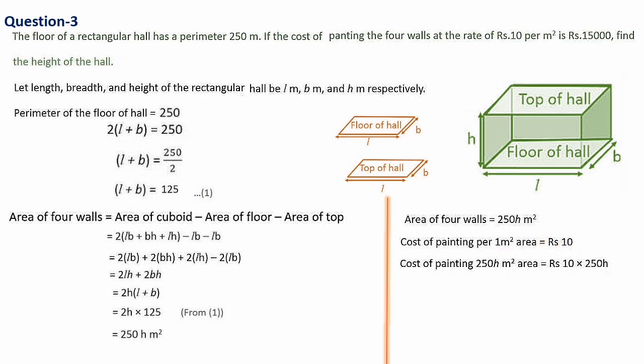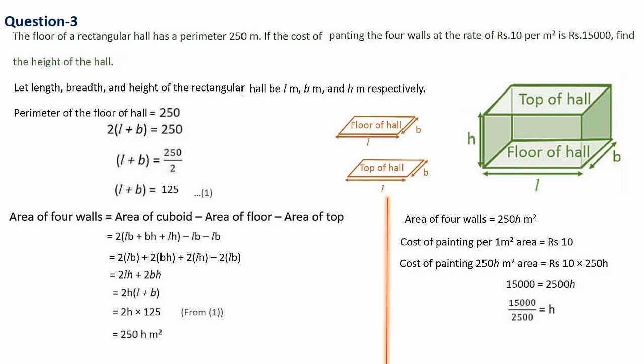That is what is mentioned here. The cost is given to us as 15,000, so instead of cost you substitute 15,000, and the right side remains the same: 10 into 250H, that is 250 into 10, 2500H.